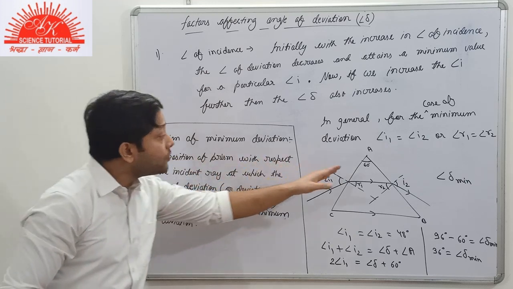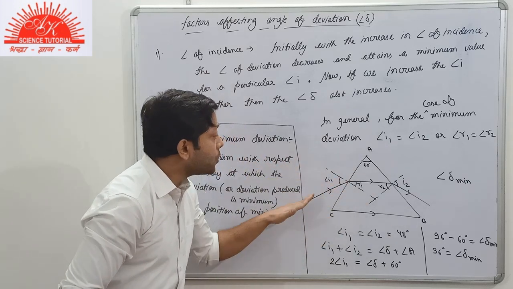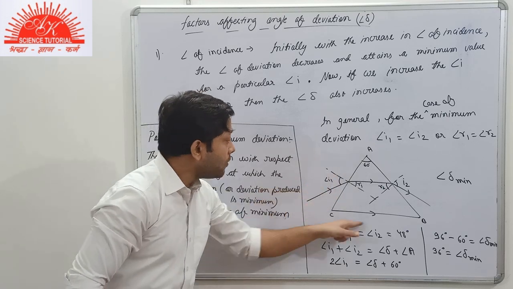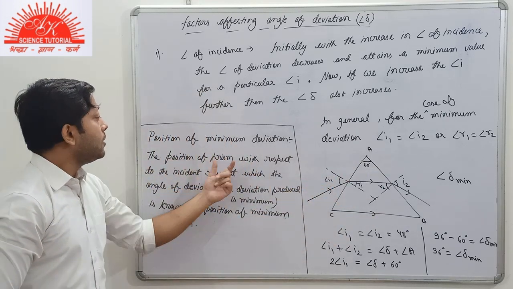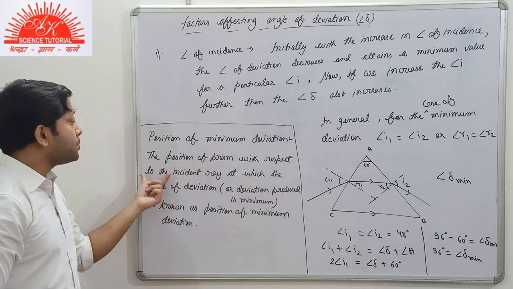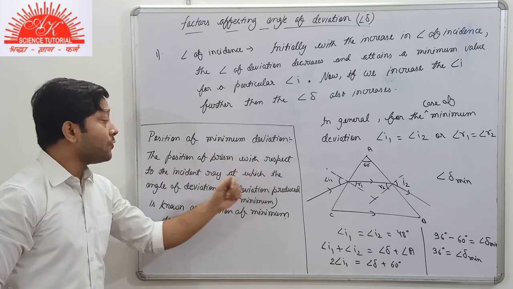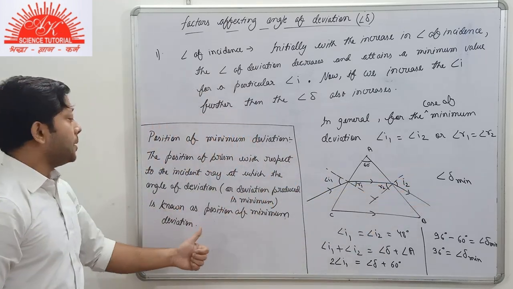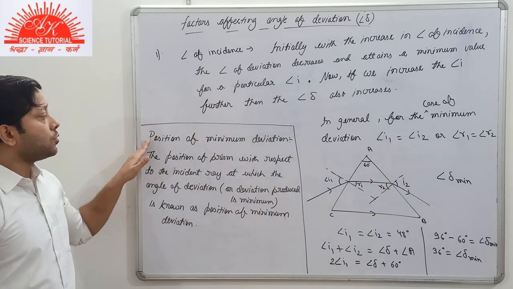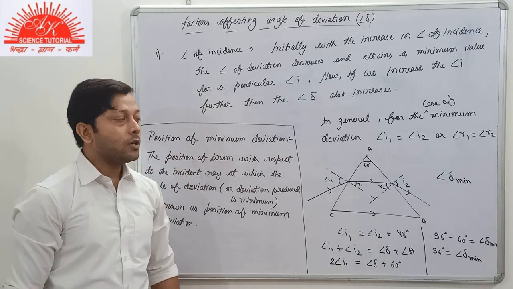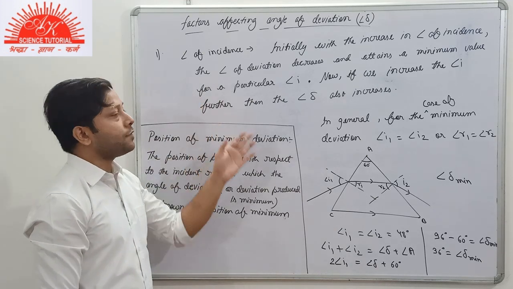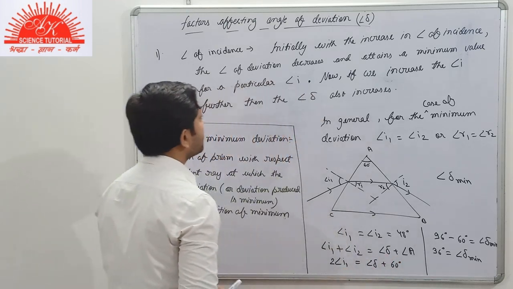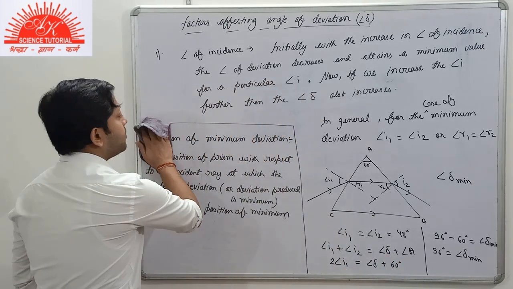The position of the prism with respect to the incident ray, because the path of the incident ray cannot be changed, at which the angle of deviation produced is minimum. Such a position of the prism is known as the position of minimum deviation. So that was all about the first factor, that is, the angle of incidence. Now we move to the next factors that can affect it.